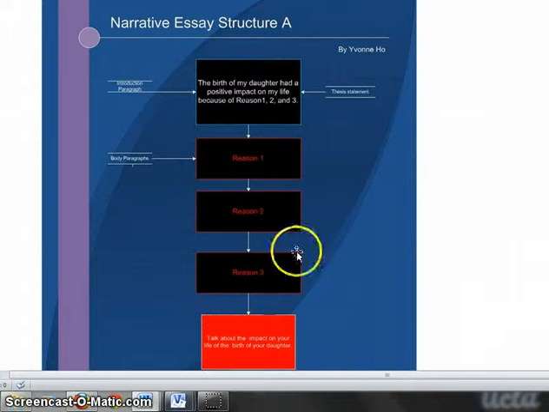And so all of these reasons are also a part of your thesis statement. Then the concluding paragraph would talk about the impact on your life of the birth of your daughter. So this would be structure A, where you tell me what event has been most positive in your life and you give me 3 reasons why that's so.